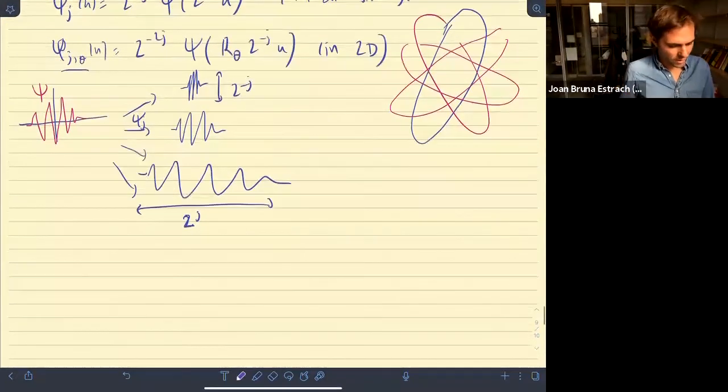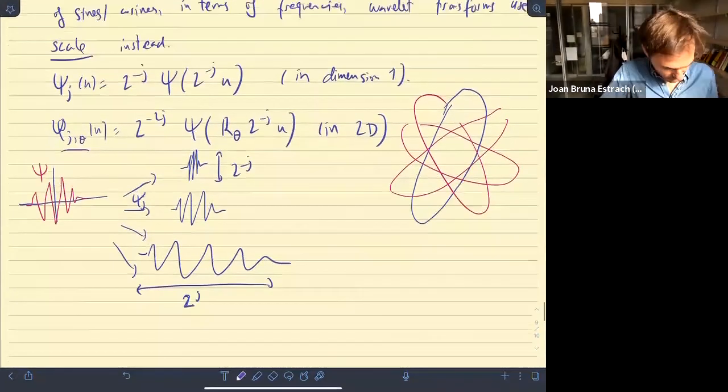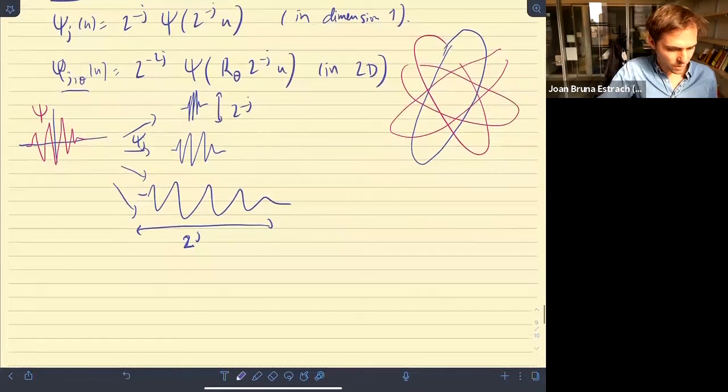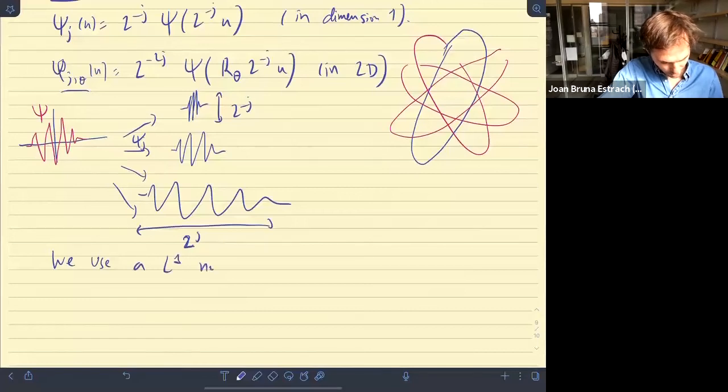Notice that there's a normalization factor. It's here just to make sure we use L1 normalization.